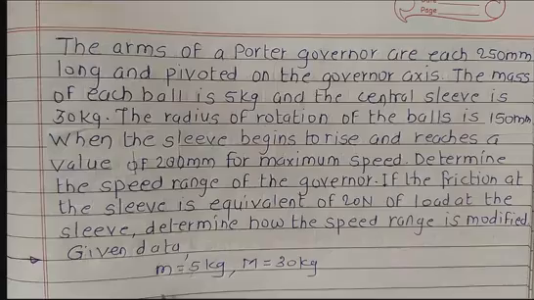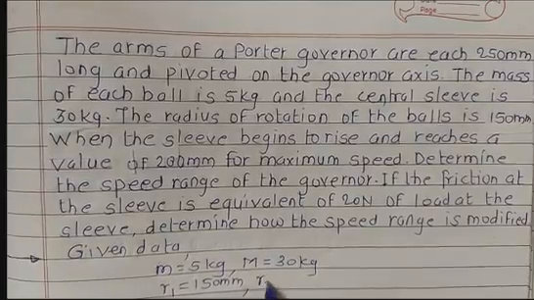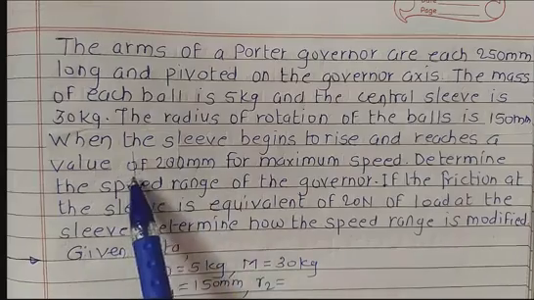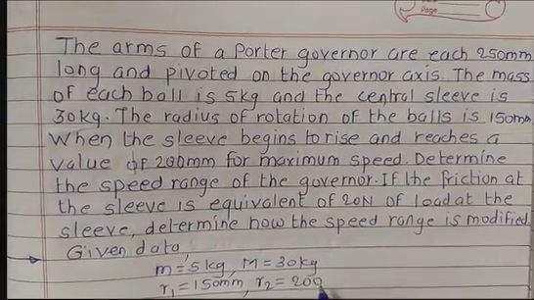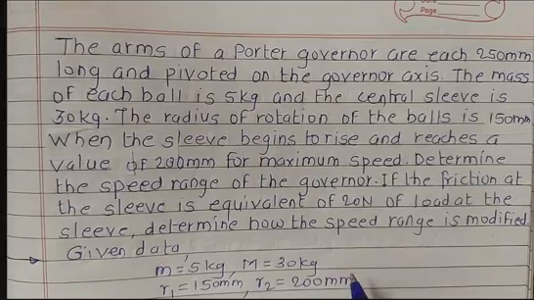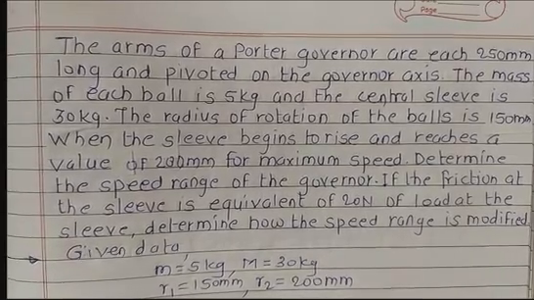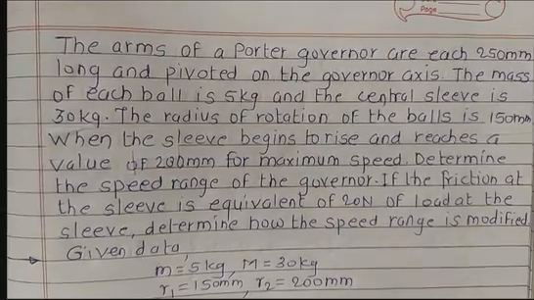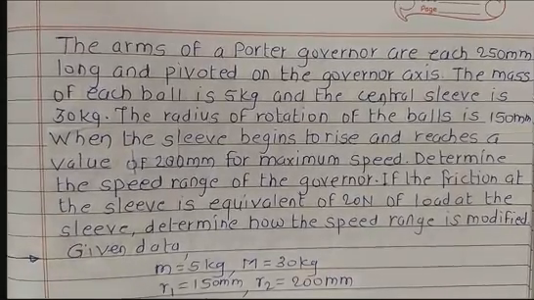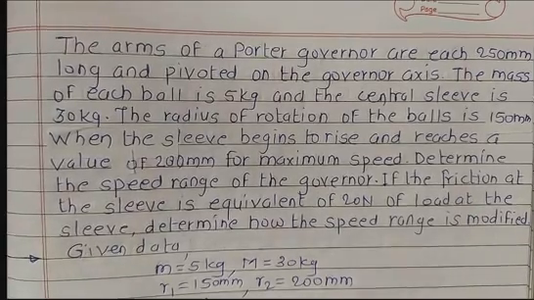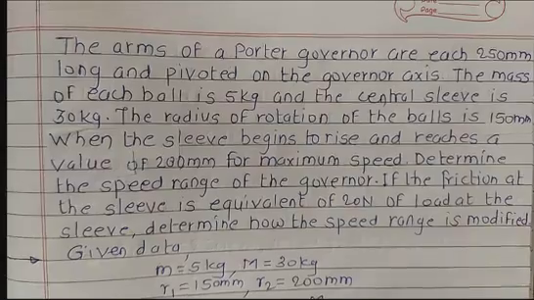So R1 equals 150 mm is given, and R2, when it reaches a value of 200 mm, means the value of R2 is 200 mm. You have to find out the speed range. Determine first the speed range and then the modified speed range.